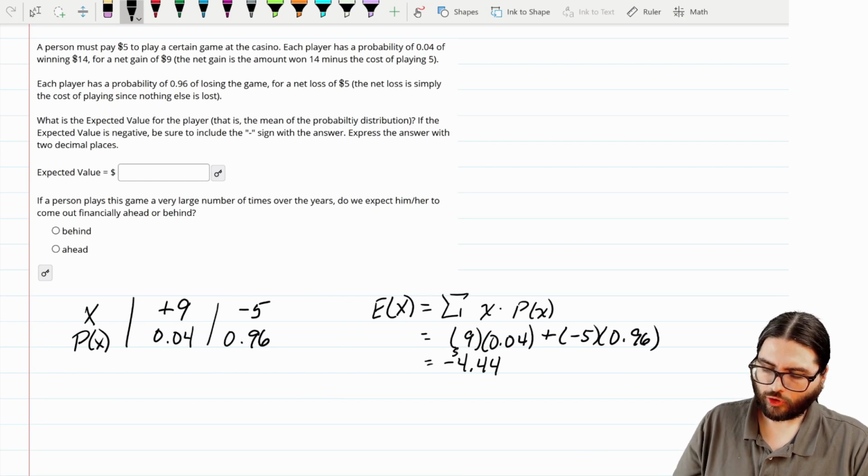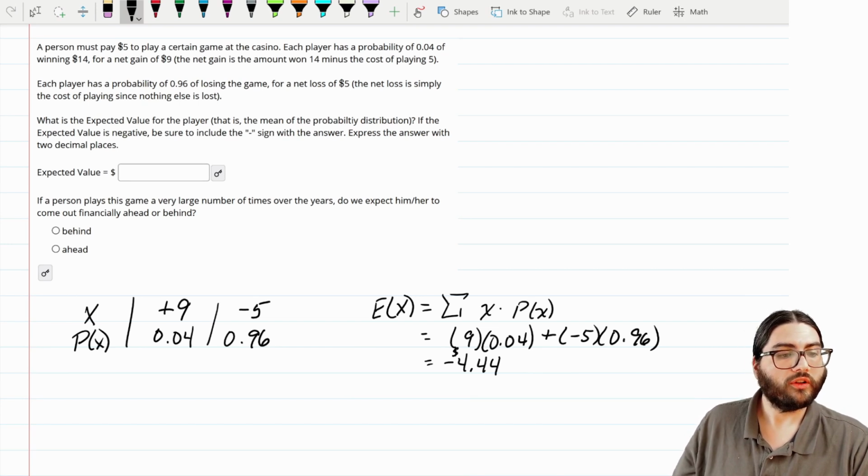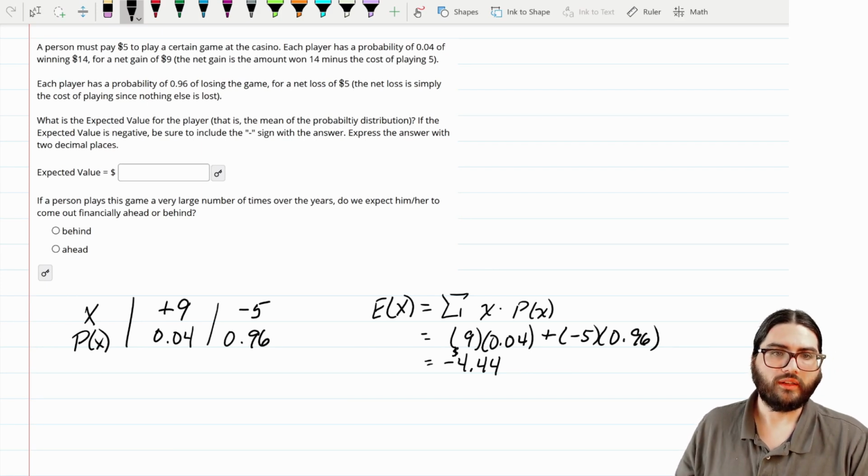The way I would interpret this is by saying I expect to lose $4.44 every time I play this game. Yes, I could win. I could win kind of big, since $9 is almost twice as much as I paid to enter this game. But at the same time, the likelihood of winning is not big enough to overpower that overwhelming chance of losing.